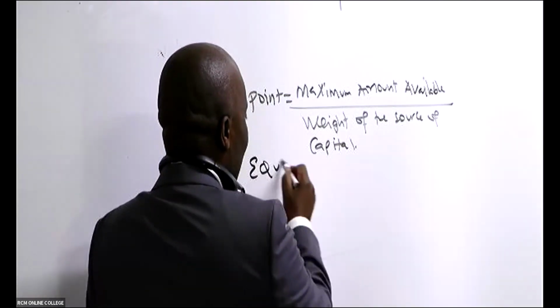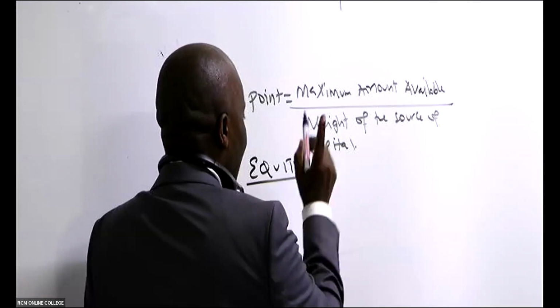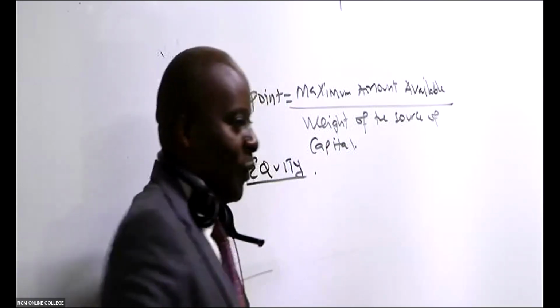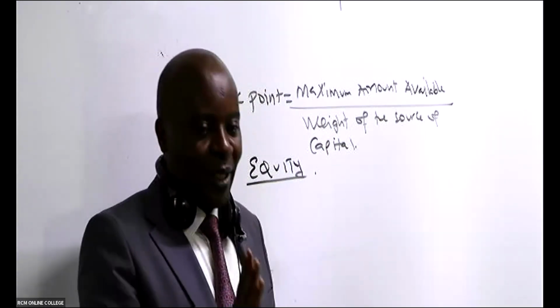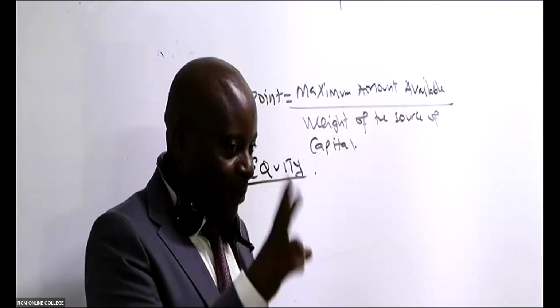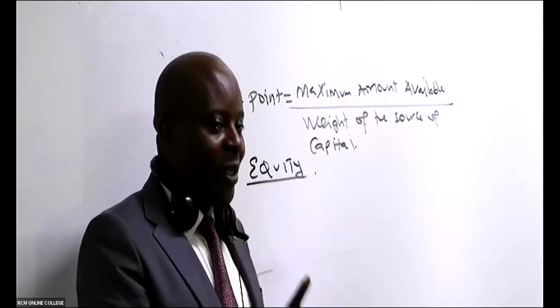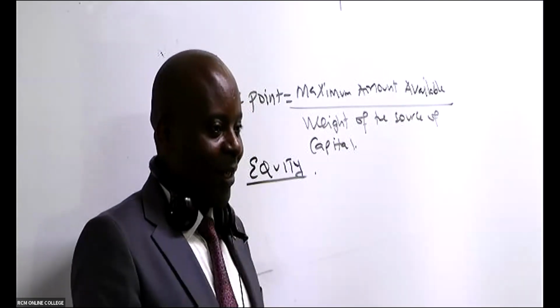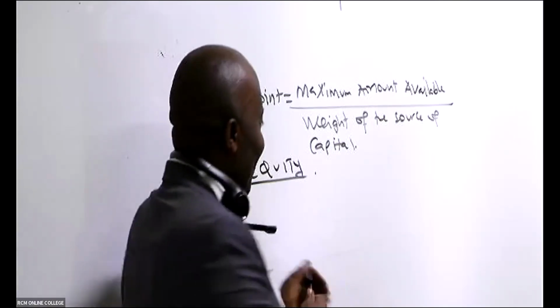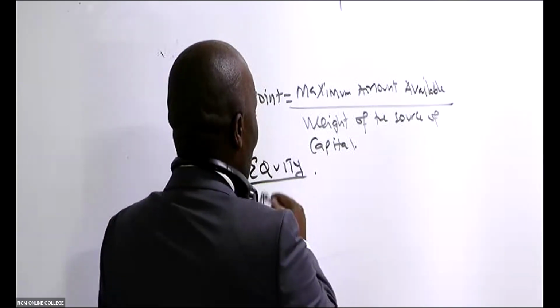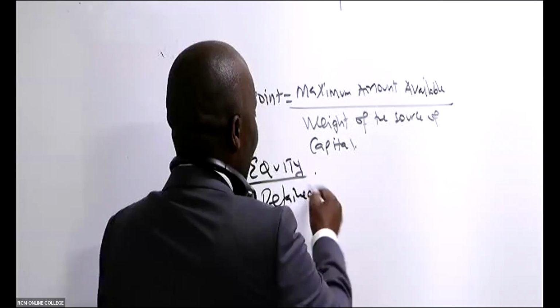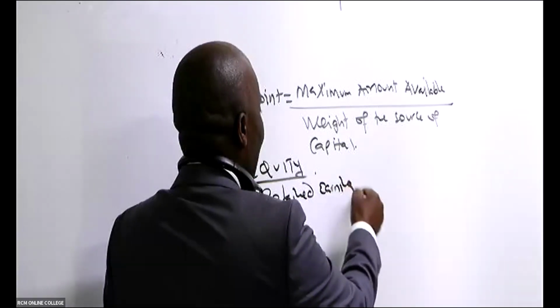So we have what we call equity. Can somebody give me components of equity? Equity refers to the owner's capital, the ordinary shareholders' resources. The first one is retained earnings.